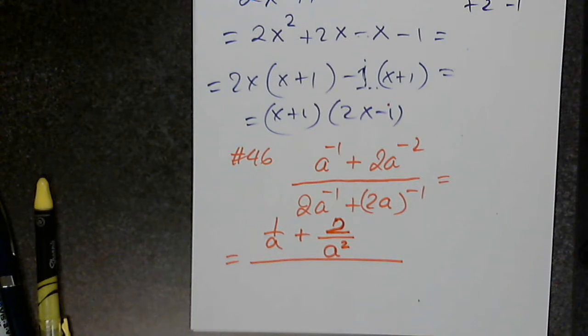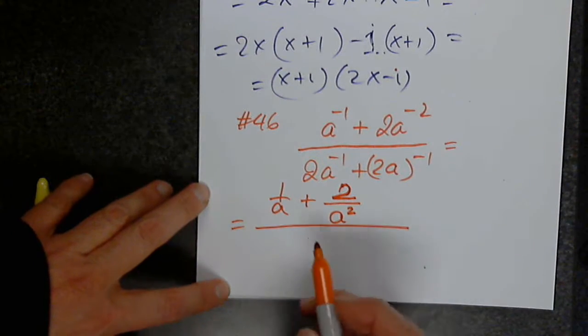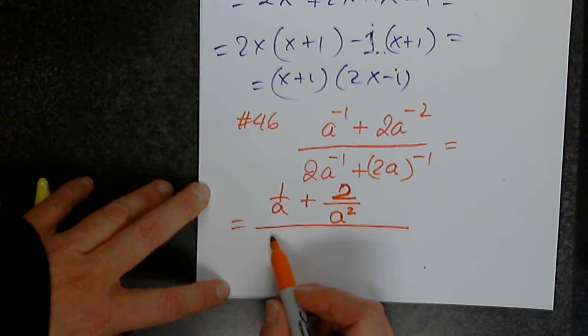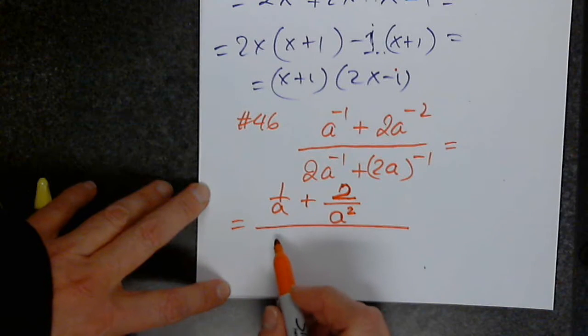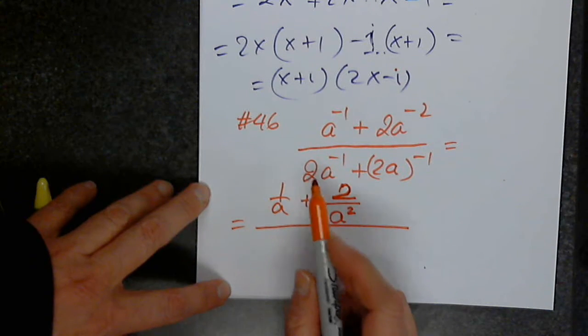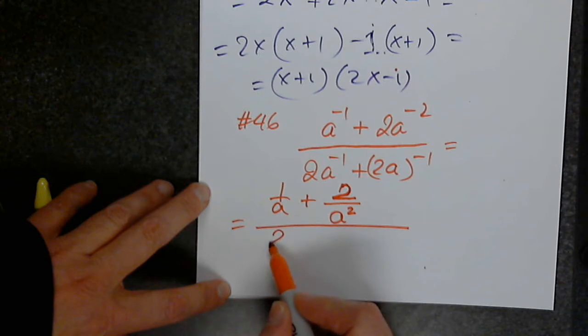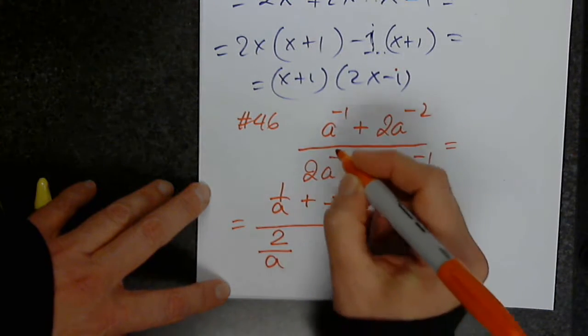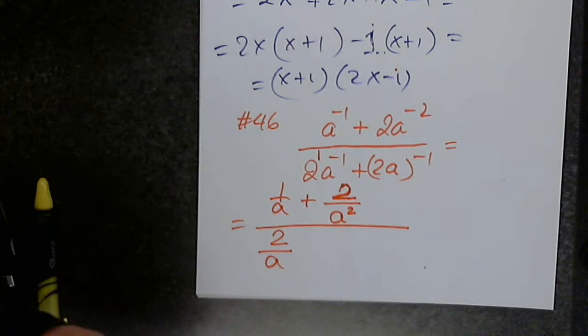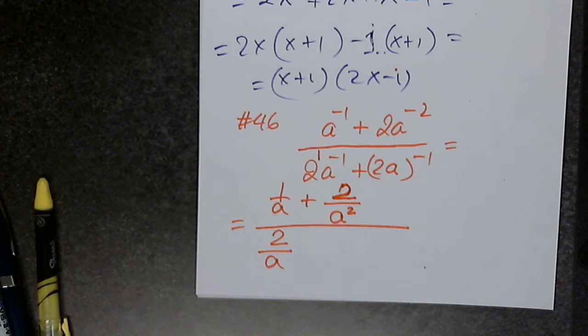And now 2 times a to the negative 1 is 2 over a. 2 has power 1. If 2 has power 1, you're not allowed to move it anywhere. Only the quantity that has a negative exponent will go to the denominator.